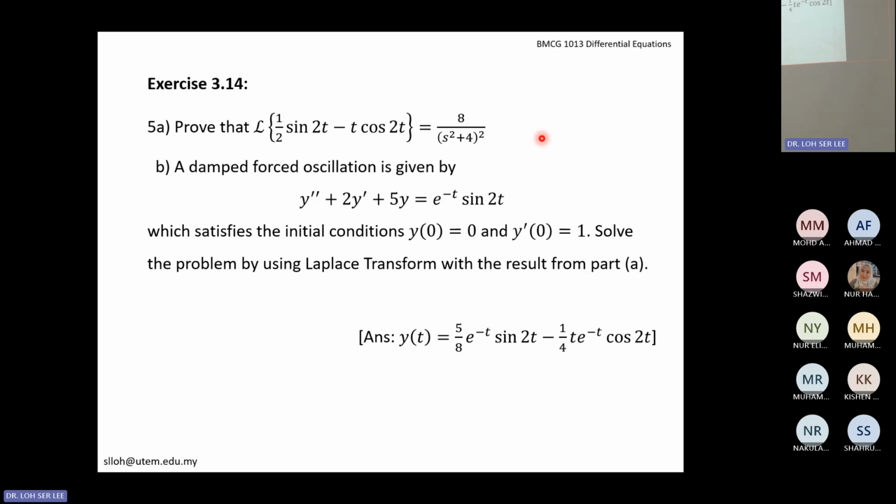If you look at this question, there are 2 parts. Part A, prove that the Laplace transform of this function equals this. You are given the final answer. You just Laplace this as usual through the formula from the Laplace table.